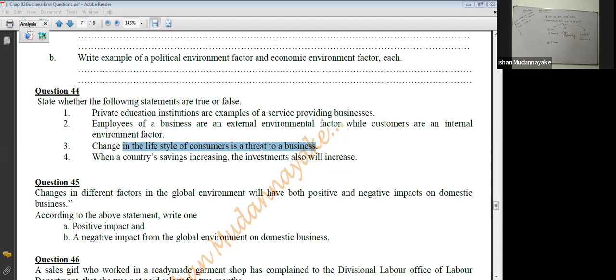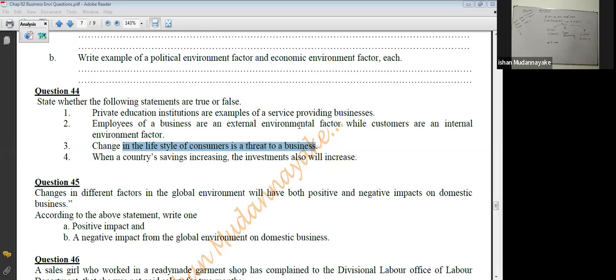Go to page number 21 of your textbook. In the textbook, page 21 discusses changes in the lifestyle of consumers as an opportunity. For some organizations it will be an opportunity, but for others changes in consumers' lifestyle may be a threat.